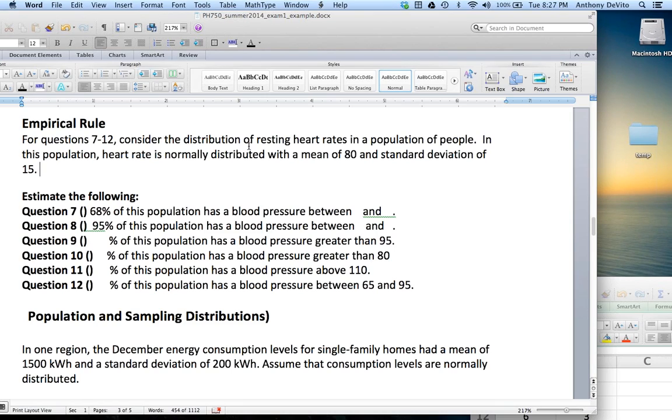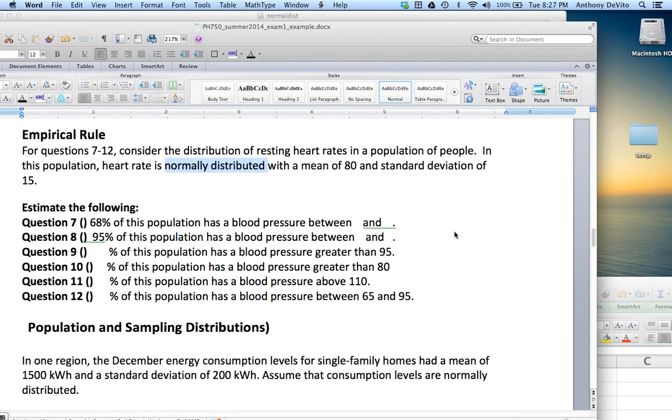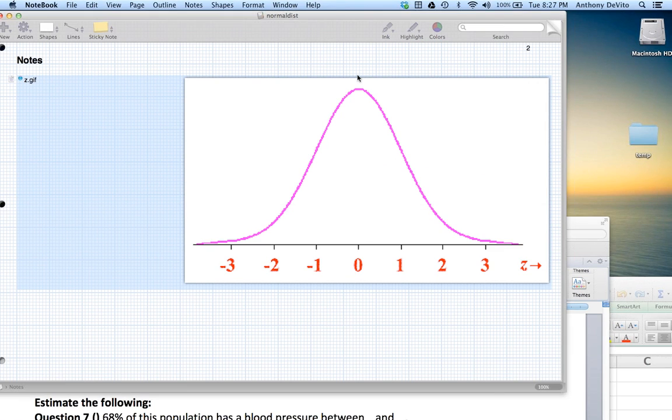We have a normal distribution where the mean of the heart rate is 80, and the standard deviation is 15. Somewhere here it says that it's normally distributed. Here it is, normally distributed. So the mean is 80, and the standard deviation is 15. I'm going to pull up my chart and draw onto it.